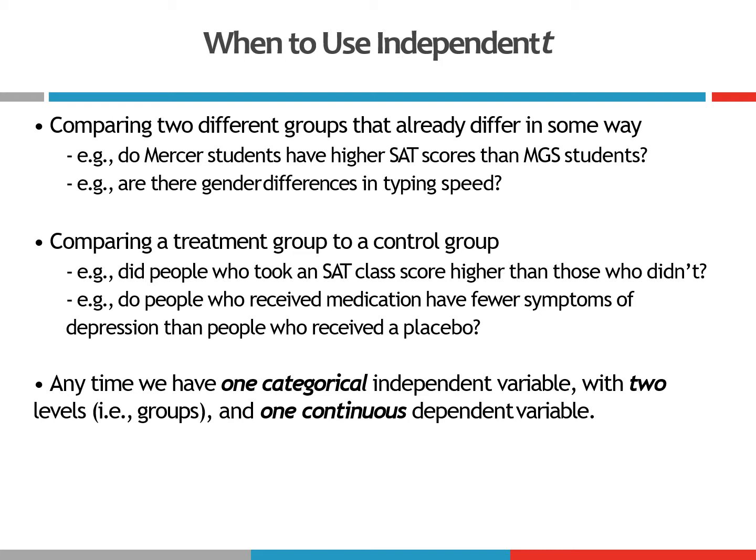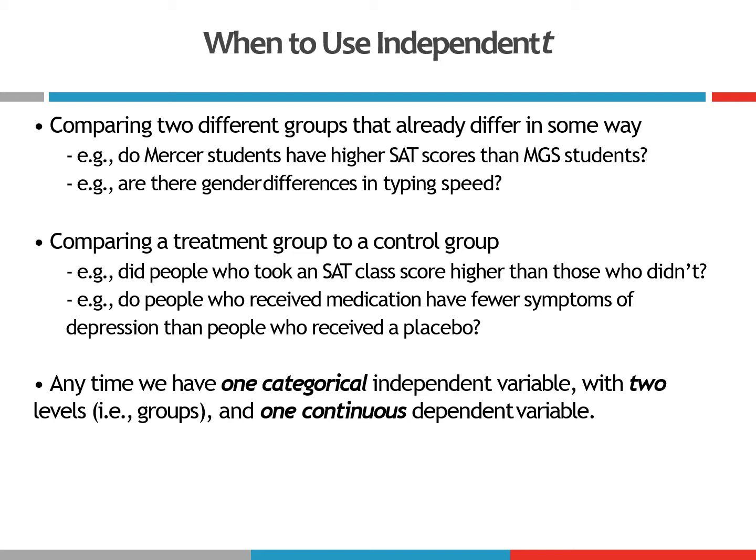Similarly, maybe we're looking for gender differences in typing speed. Again, we have one categorical variable that is a quasi-experimental variable. Our quasi-independent variable is gender, male or female.